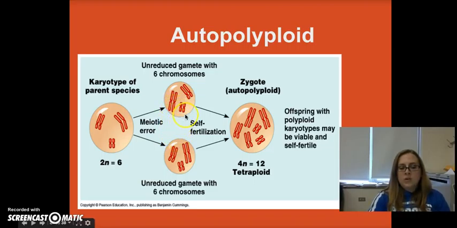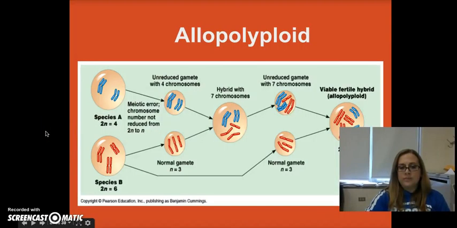Now if this plant were to self-fertilize and these two gametes come together, you now have a 4N tetraploid. So now the chromosome number in this individual is 12 instead of 6, and because this plant can continue to self-fertilize, essentially it could start a new species with a brand new chromosome number.